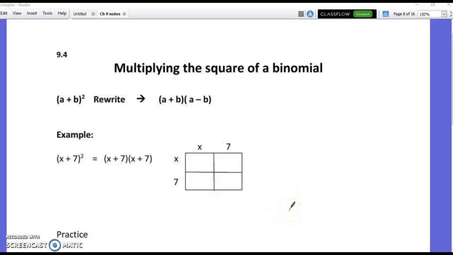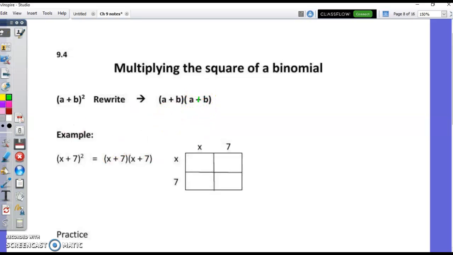All right, in this section, it talks about multiplying special cases, but everything we've done up to this point will allow you to do what we've been doing by setting up that box method. But there is one important thing to note: when we have a binomial that is squared, we have to rewrite it twice.